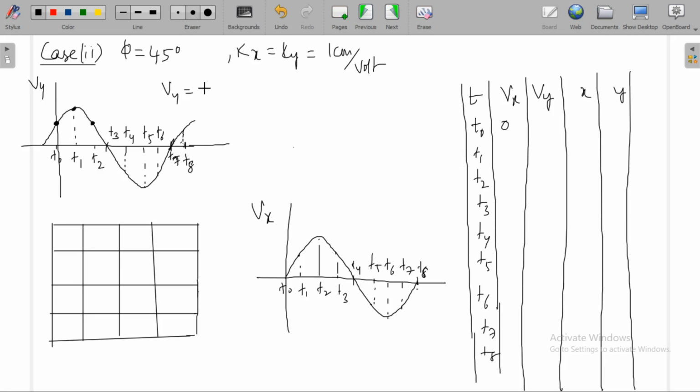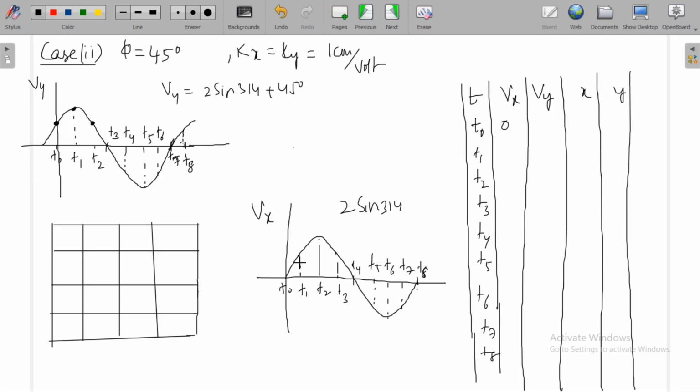Vy is equal to 2 sine of 314t plus 45 degrees. Here this will be 2 sine 314t. That's it. Now coming to this Vx. At T1, what is this value? This T1 is nothing but 45 degrees.